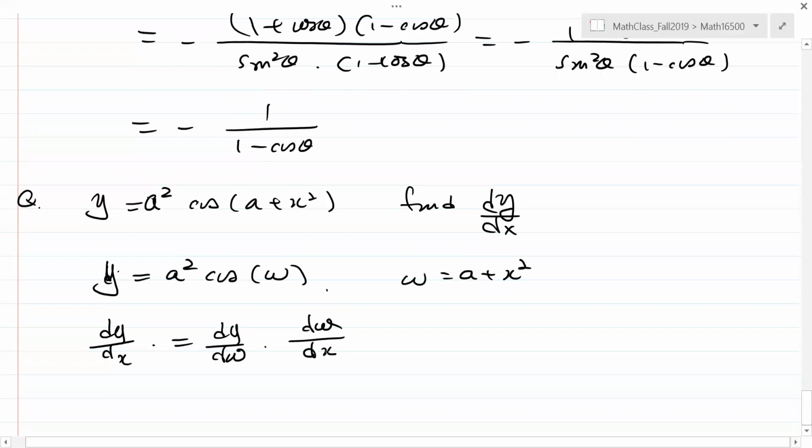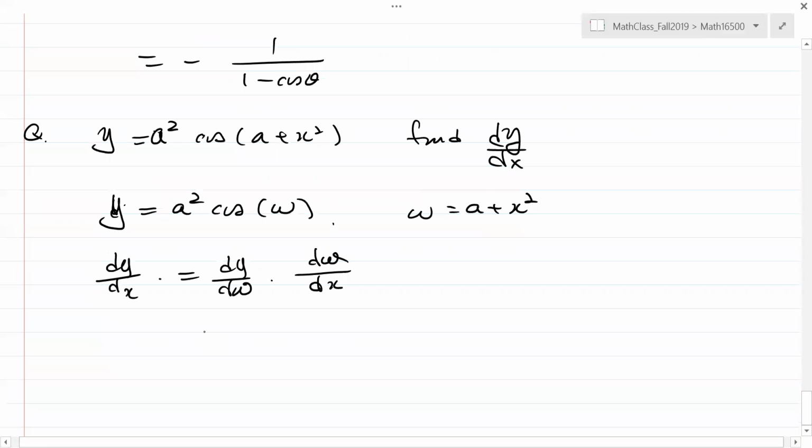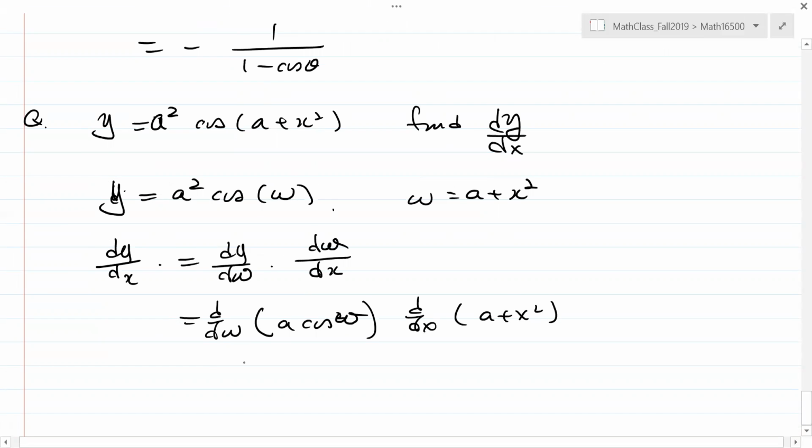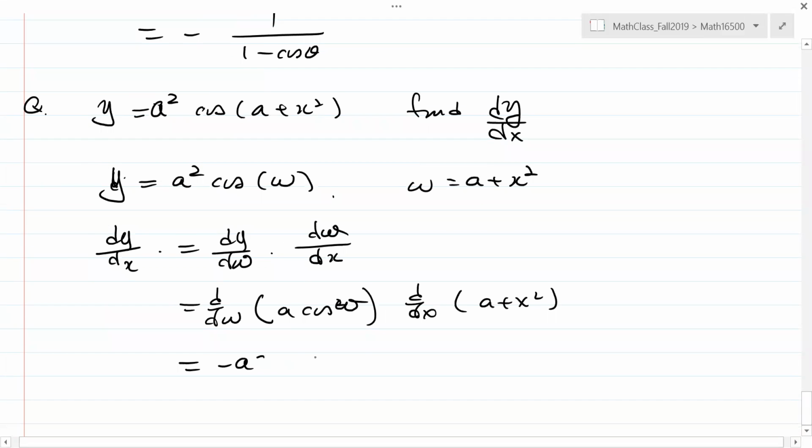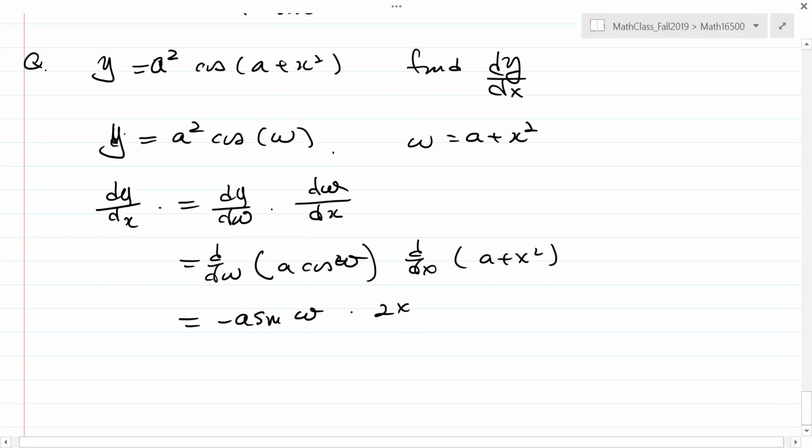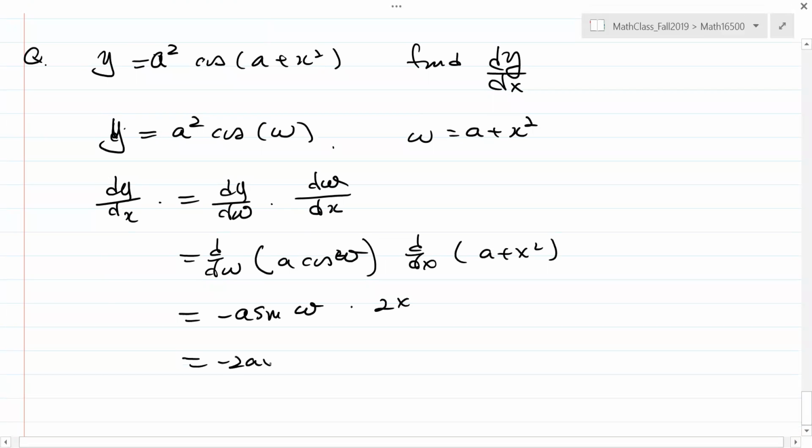Right? Dy over dw is actually the derivative of a squared cosine w, and this is the derivative of a plus x squared with respect to x. So it's going to be negative a squared sine w, and that'd be 2x. Okay. So we'd better put 2x in front of that. And w is going to be a plus x squared.